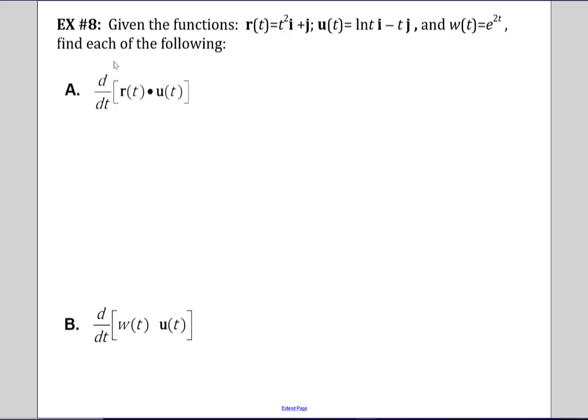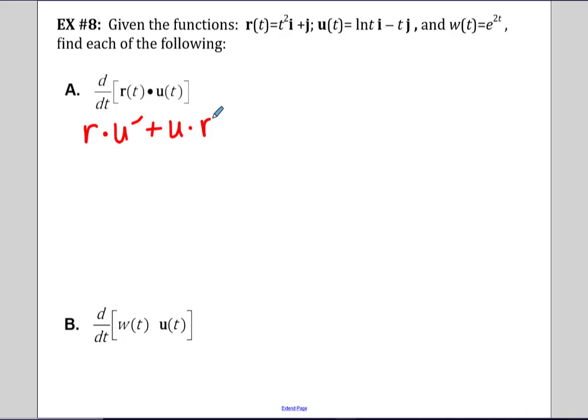If you look back at the chart, that rule said if you're taking the derivative of U dotted with V, we're going to do U dot V prime plus V dot U prime. So in our case, we're going to do R dotted with U prime plus U dotted with R prime.